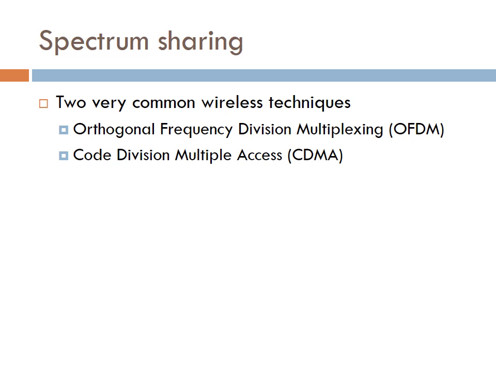Multiplexing and multiple access. Let's start with spectrum sharing. Two wireless techniques that have become very common with the rise of digital telecommunication are orthogonal frequency division multiplexing (OFDM) and code division multiple access (CDMA).